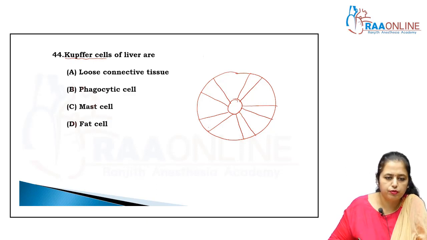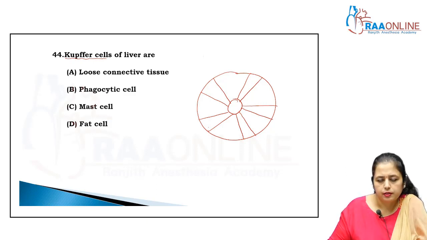Hepatocytes are arranged in the form of cords, and these are the hepatic sinusoids, where Kupffer cells are present.